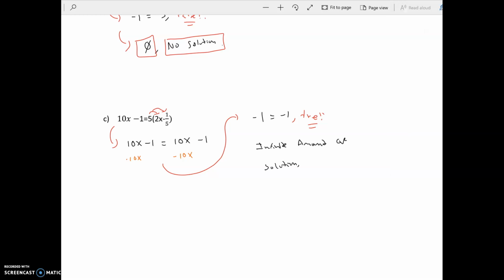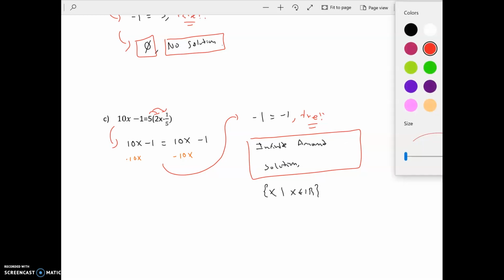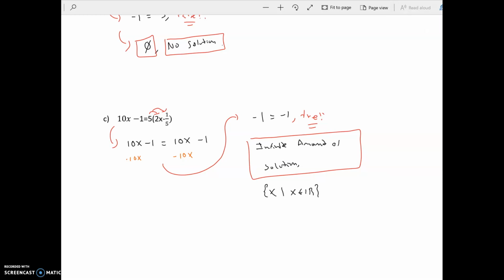Or if they want it as a set, in this case, you can rewrite it as a set of x's such that x happens to be a real number. So any number on the number line, if it doesn't mention anything about express it as a set, then in that case, you could just say infinite amount of solutions. So depending on how they want the problem, if it wants a set, you can actually rewrite it in that format or actually spell it out.